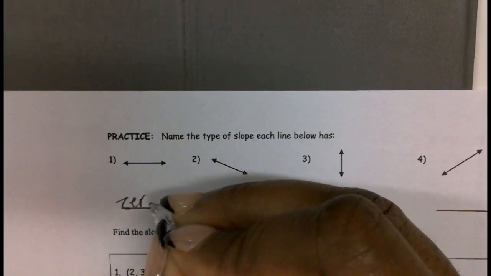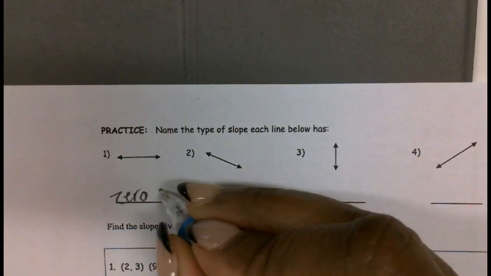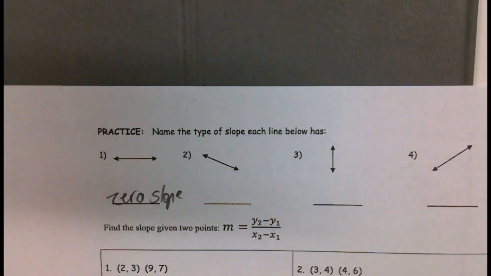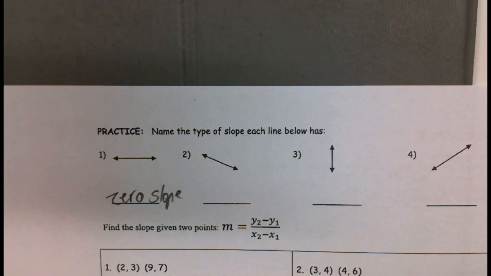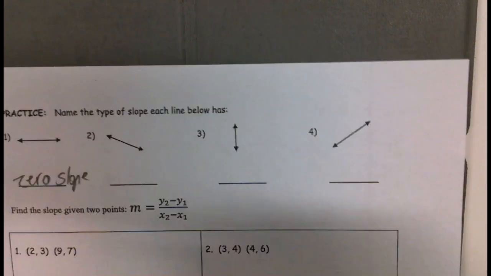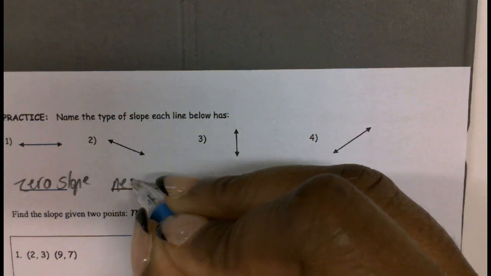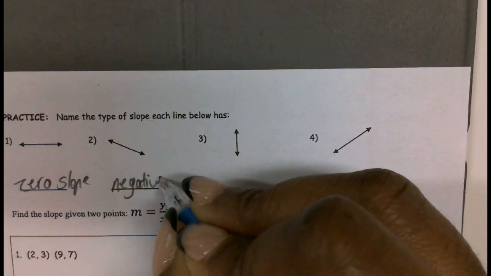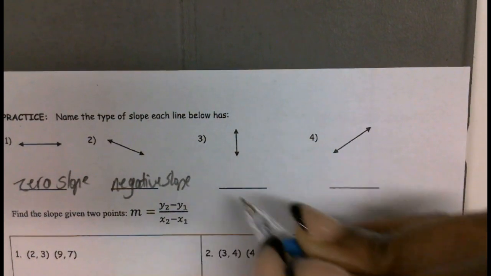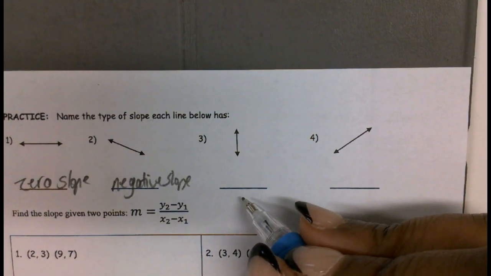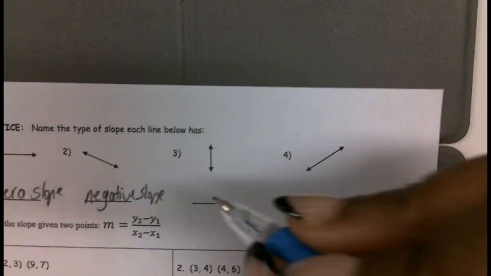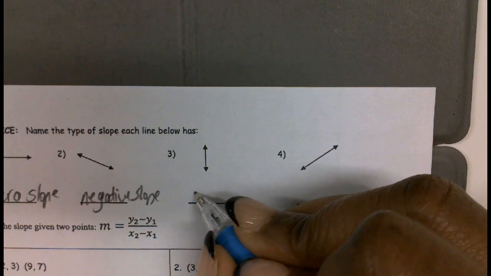This is zero slope. Good job. Okay, zero slope. Number 2, Braden, what kind of slope is that? This is a negative slope. Very good. Miranda, what kind of slope is number 3?